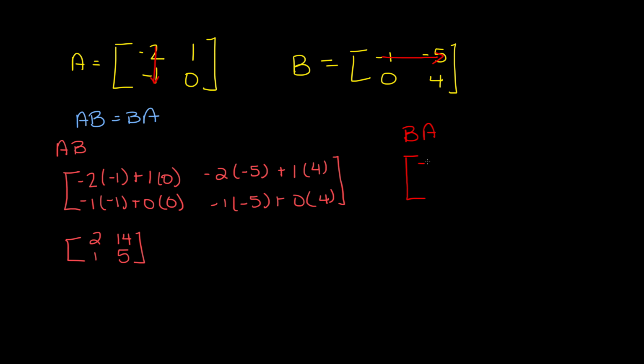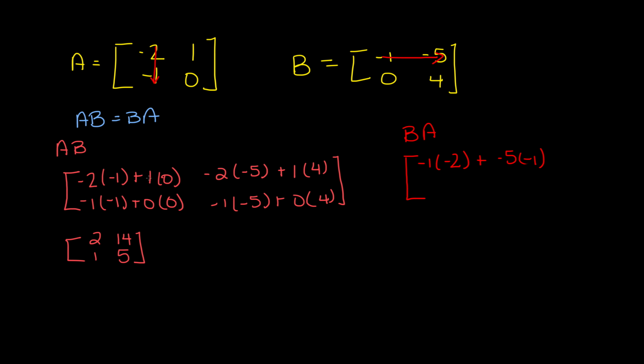So negative 1 times negative 2 plus negative 5 times 0. Negative 1, negative 2. Oh, wait. Negative 5 times negative 1. I knew there was a mistake there. I don't know where I got 0 from. Negative 1.